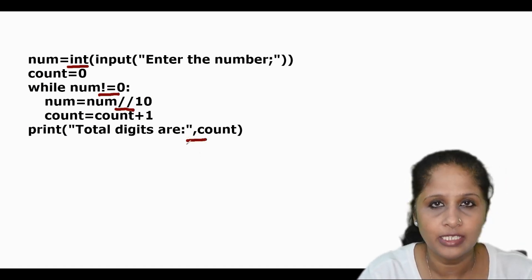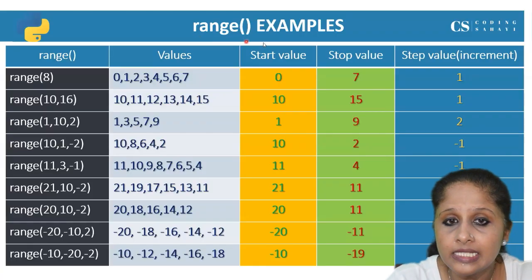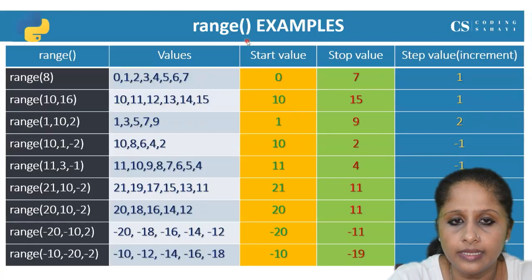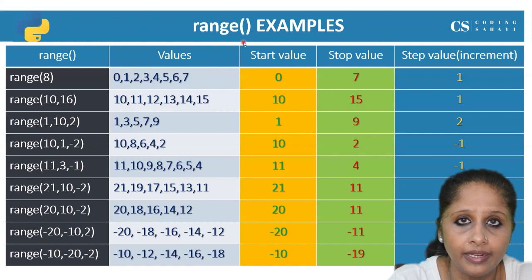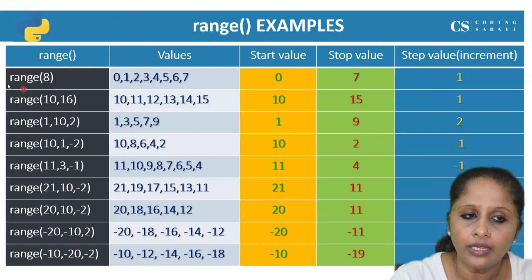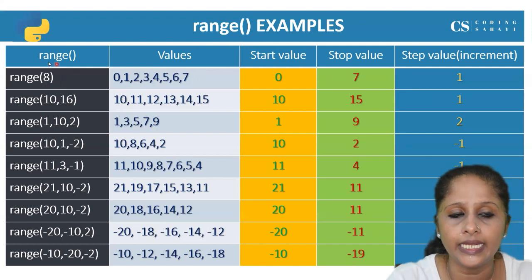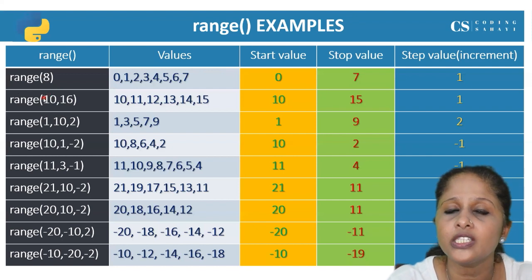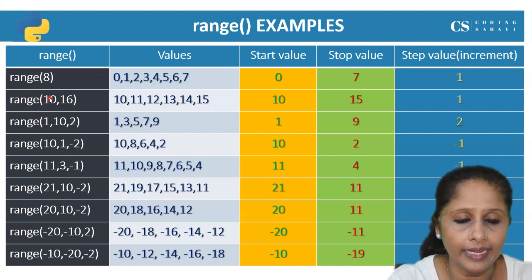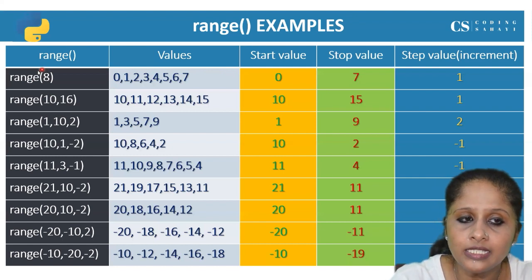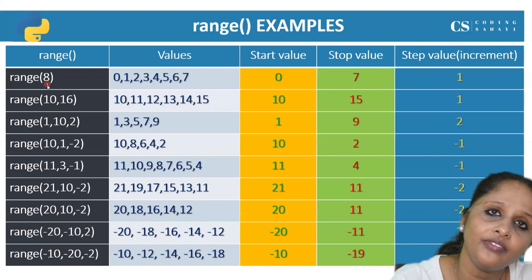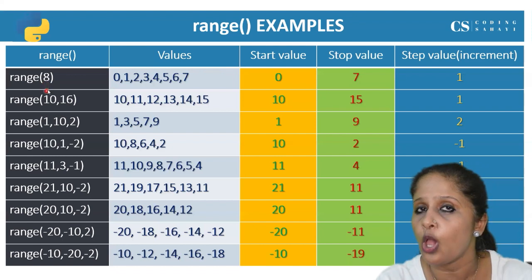Let's solve the next problem. So the next one is range. So range is a function we already studied with our for loop. So here we have range of 8. For the range function it is start, stop and step, isn't it? So if there is only one parameter inside your range function, then we can say it is our stop value.